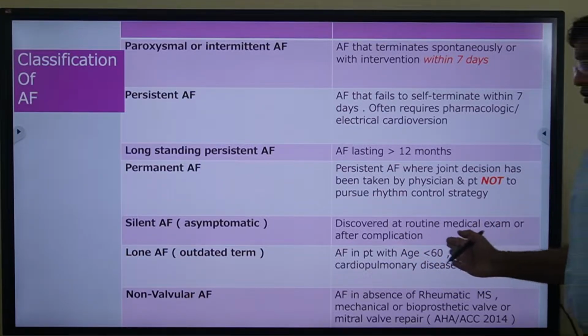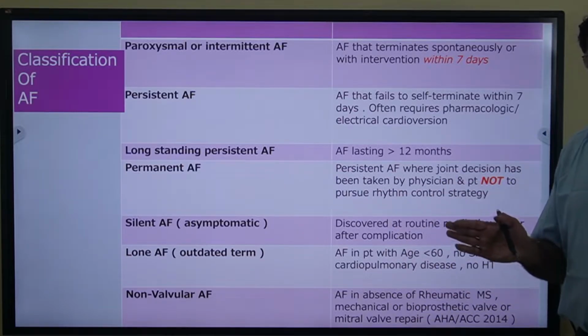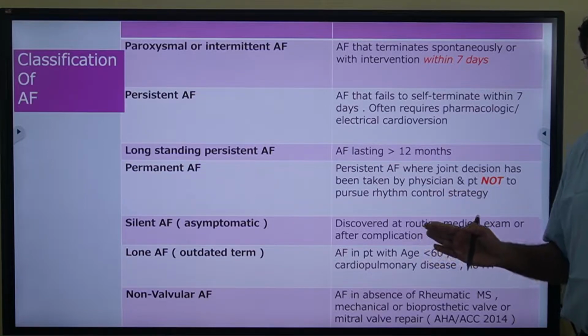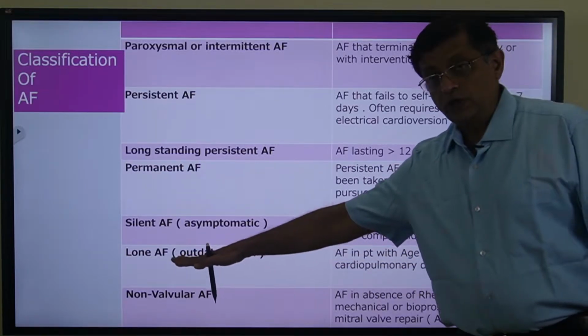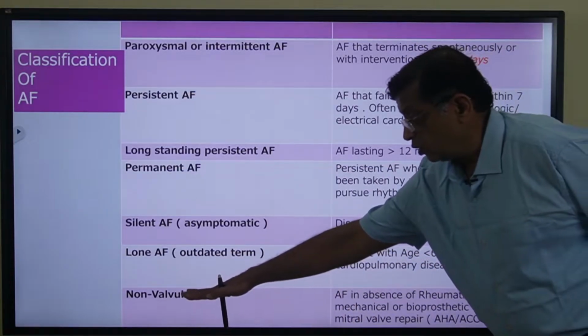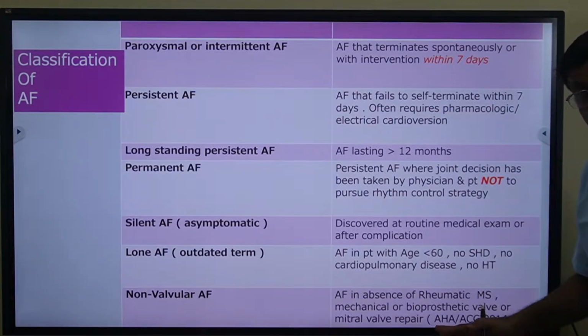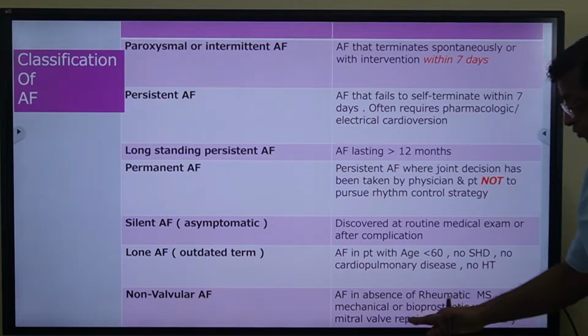If such a patient, who otherwise does not have any risk factor for atrial fibrillation, is found to have atrial fibrillation, initially this term was used, lone atrial fibrillation. This is no longer used. Similarly, non-valvular AF and valvular AF, these terminologies are also outdated now.